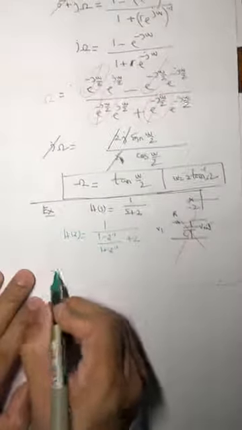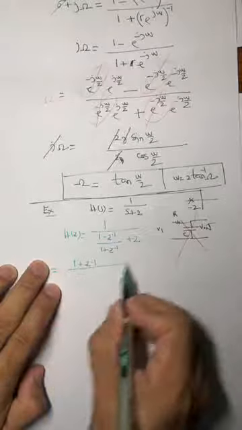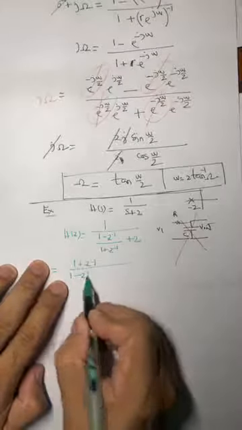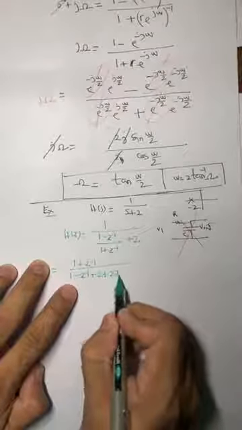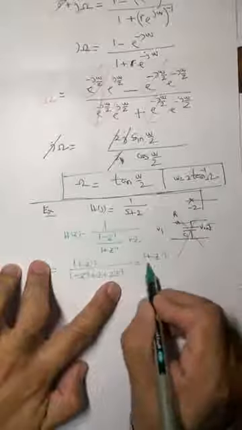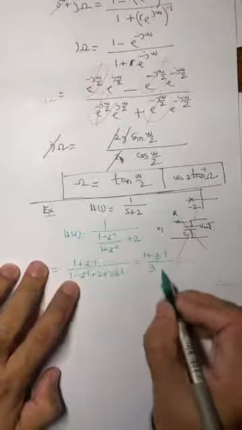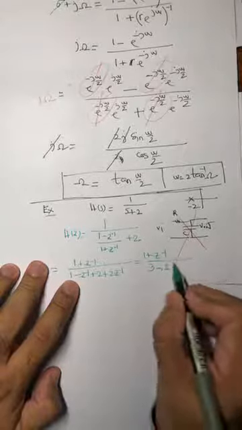Taking the LCM, we get 1 minus z inverse plus 2 plus 2z inverse. I'm simplifying it so that it looks neat. So 2 plus 1 is 3, and 2z inverse minus z inverse is z inverse.